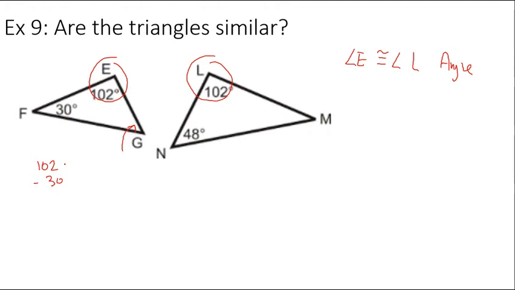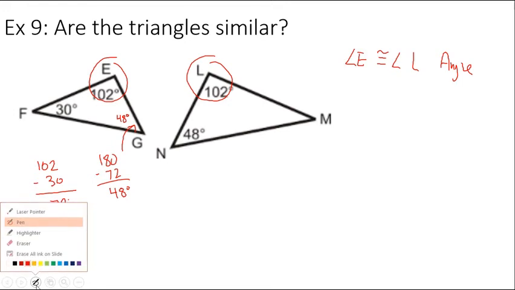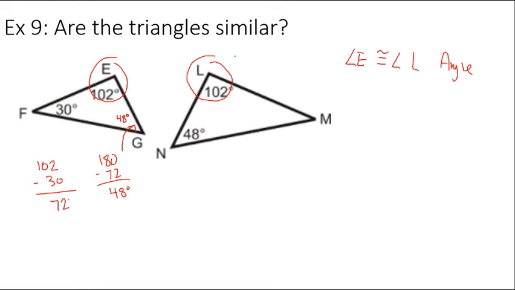That's 72. And then 180 minus 72, that's equal to 48 degrees. So this is 48 degrees. And now, knowing that, we know that angle G and angle N are congruent. So we say angle G is congruent to angle N. So we have our second angle.